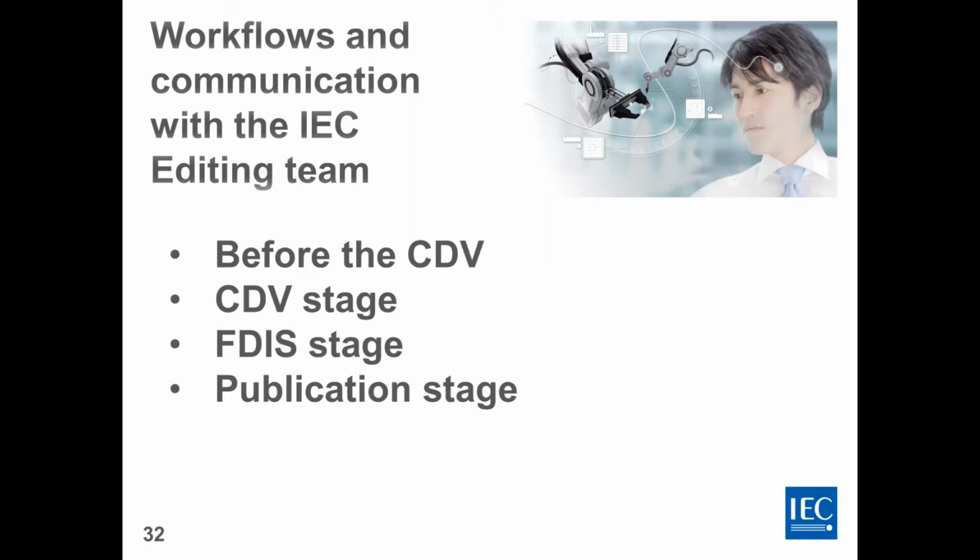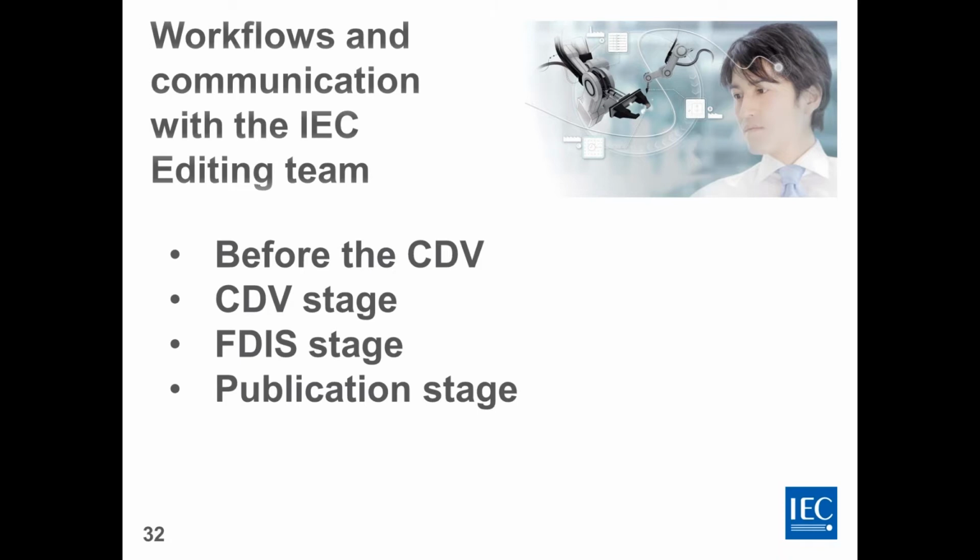Okay, so a consolidated version in the IEC is when we have a base edition of a standard and an amendment which is published, and they are consolidated together into one product.